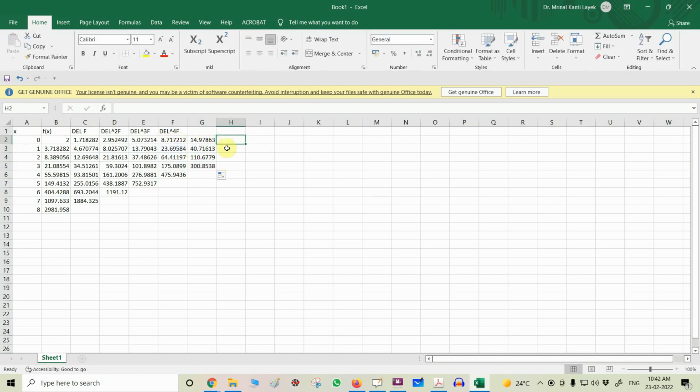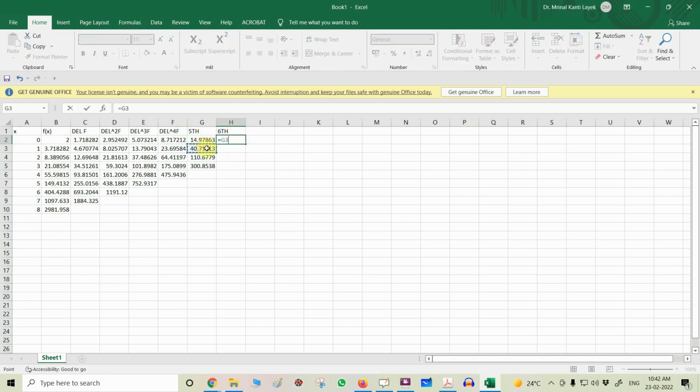Okay, 6 value will be 5 हुआ, फिर ये 5th हो गया, ये 6th होगा, equals this minus this.